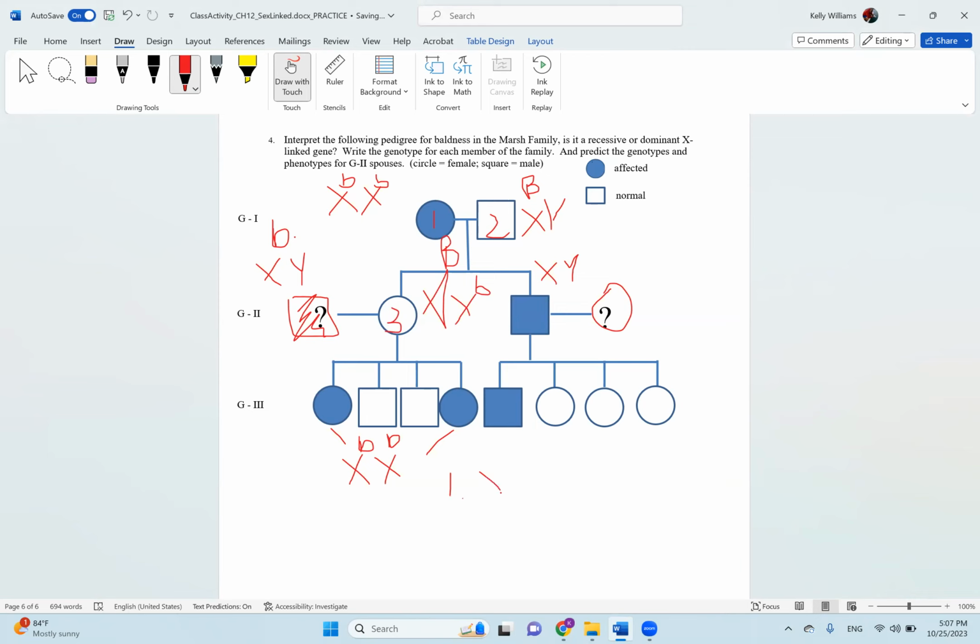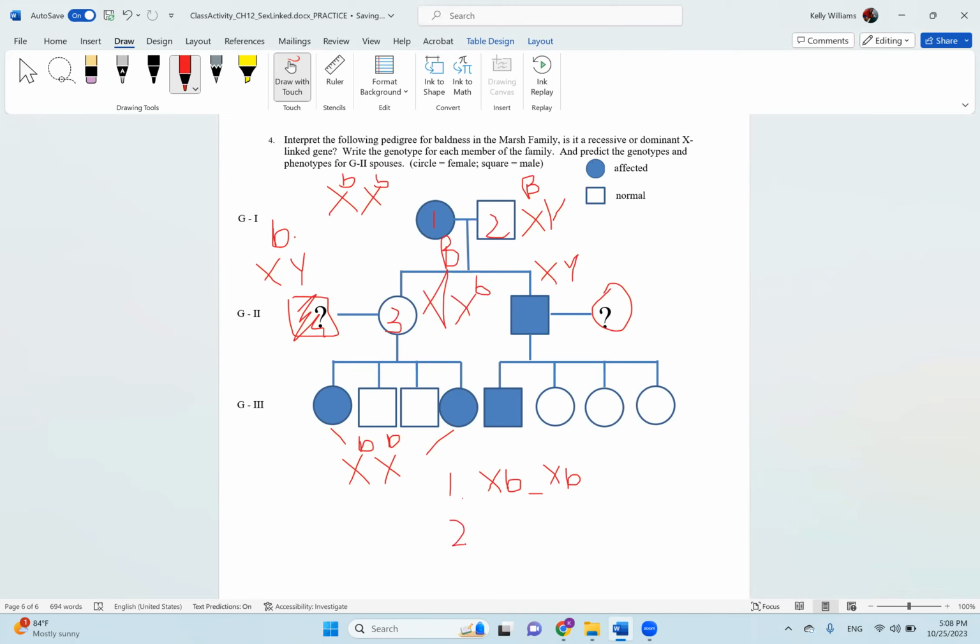You're going to write a capital X, and then if this is the genotype here, that's homozygous recessive, you're going to write capital X, lowercase b, and then you're going to put a space, which I'm just going to denote as an underscore, but it's just a space, capital X, lowercase b. If you write it any other way, it will be wrong. If you forget a capitalization, if you forget a lowercase, if you forget your X's or Y's, you will not get it right. So make sure you write it this way.